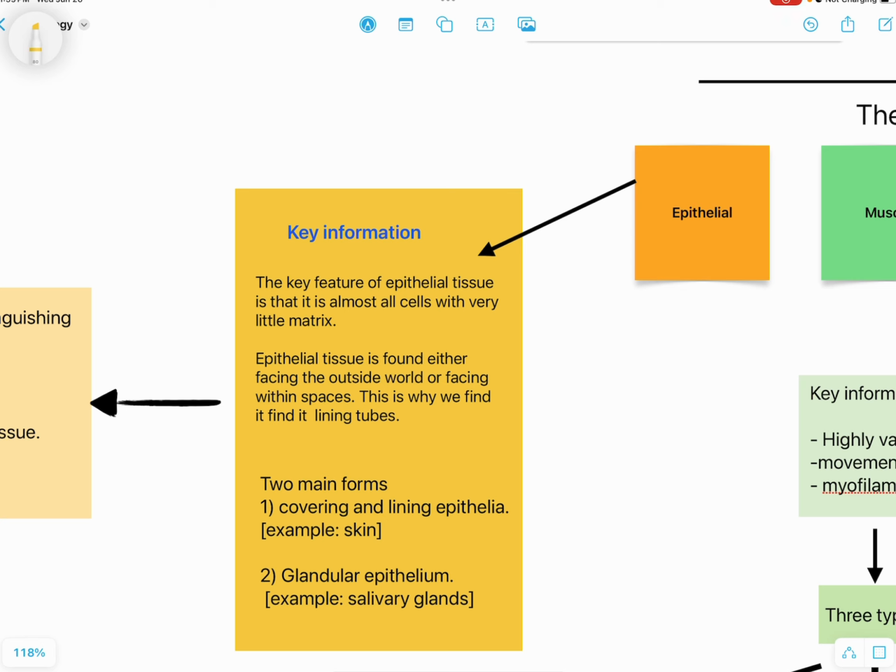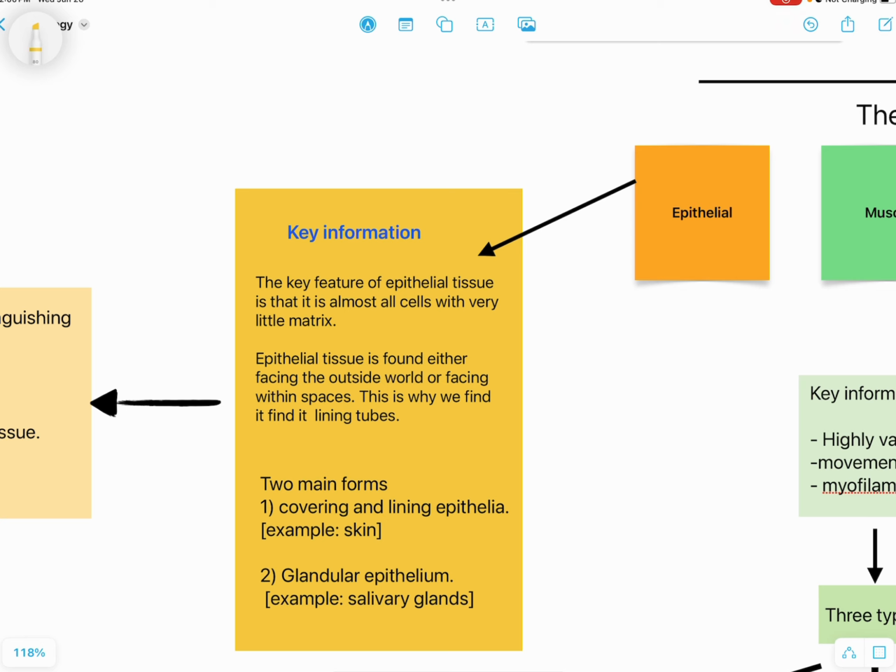Let's start with the first characteristic. First characteristic is how many layers. If it's 1 layer of cells, simple. More than 1 layer, stratified. And then we look at the apical surface. And if the apical surface is flat, it's squamous. If it's the shape of a cube, it's cuboidal. And if it's the shape of a column, I'm going to call it columnar.